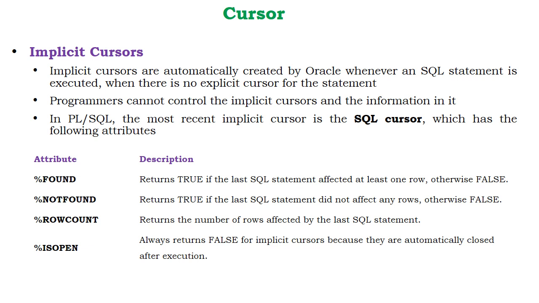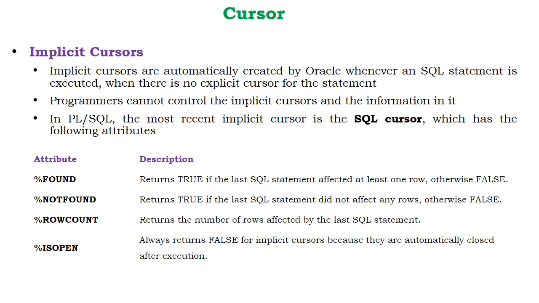In PL/SQL, the most recent implicit cursor is the SQL cursor, which has the following attributes: found, not found, row count, and is open. Found returns true if the last SQL statement affected at least one row, otherwise false.